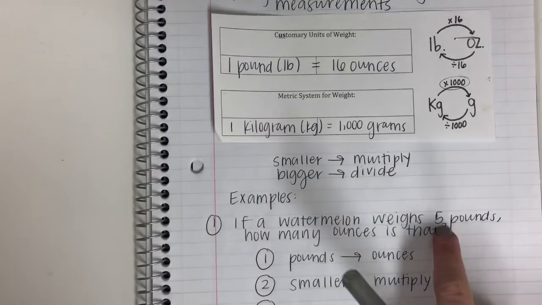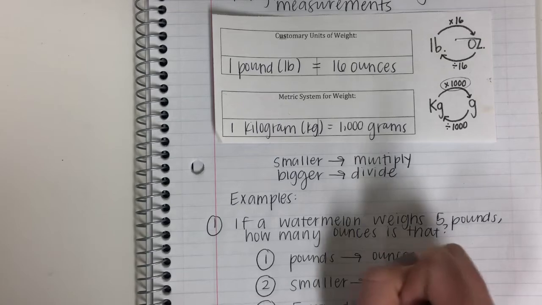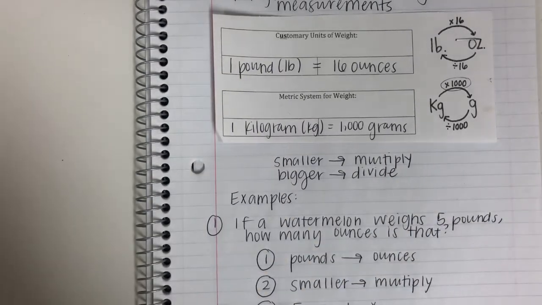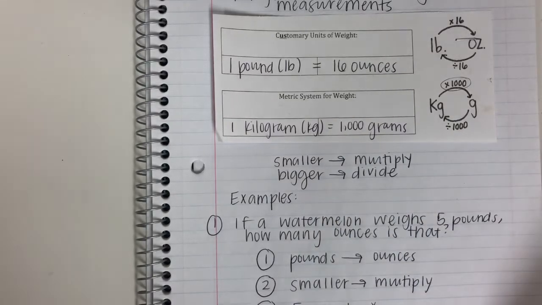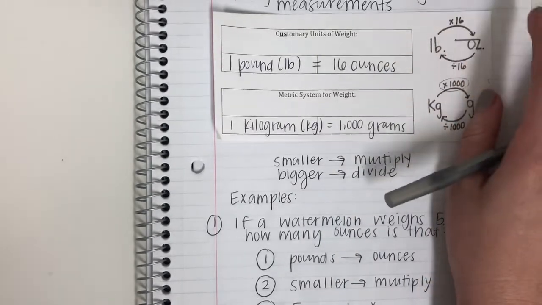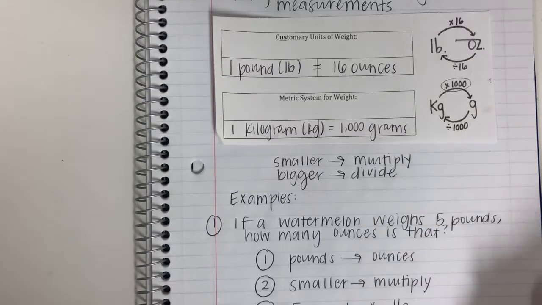So we're going to multiply the number we're given. So 5 pounds times, and then however many are in an ounce. So 16 ounces is equal to 1 pound. So we're going to multiply by that 16. So those are just things we have to memorize. They want to know how many ounces, so I'm going to multiply. There's 16 ounces in 1.